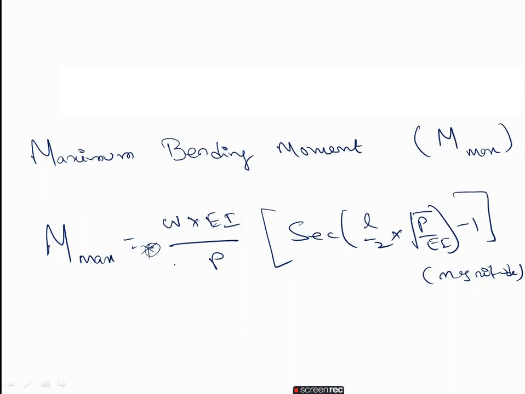Now from this we have to calculate each and everything, like EI by P and square root of P by EI. So first we will calculate P by EI.